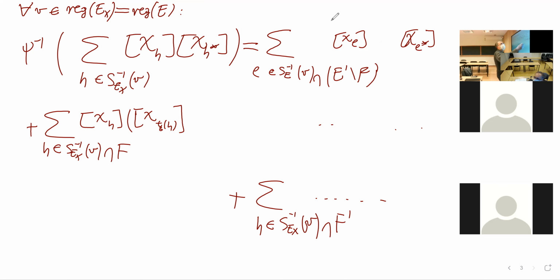So this is why here I changed into lowercase f. So this is chi f, this is chi of TE of f, minus the class of Q of TE of f.